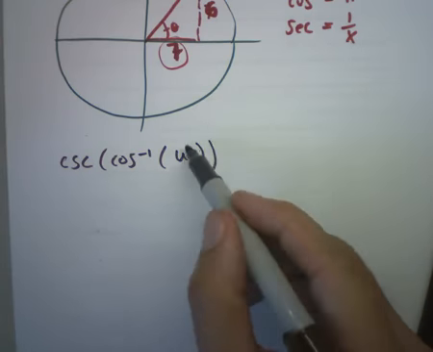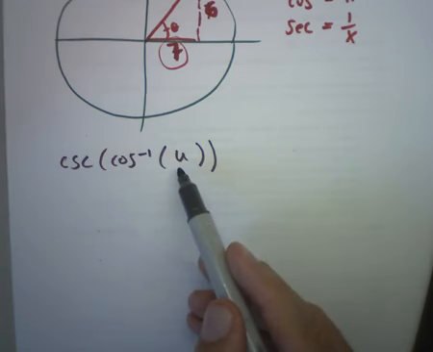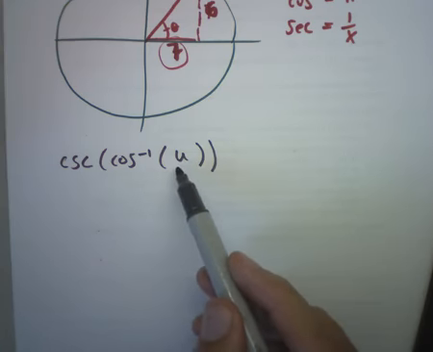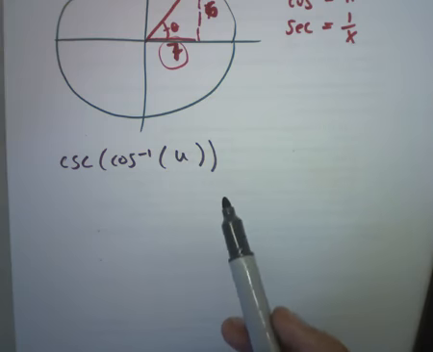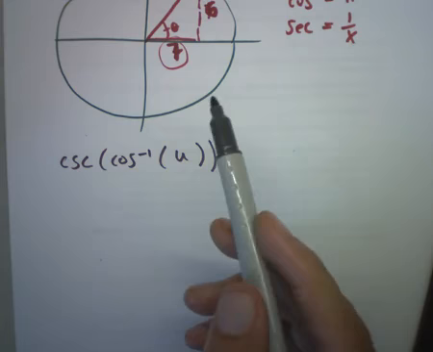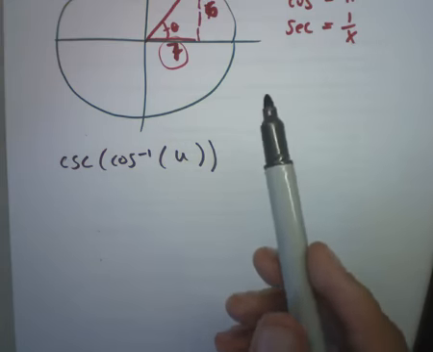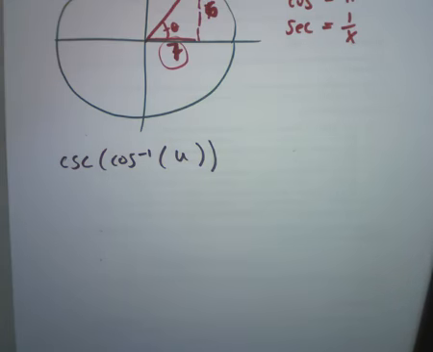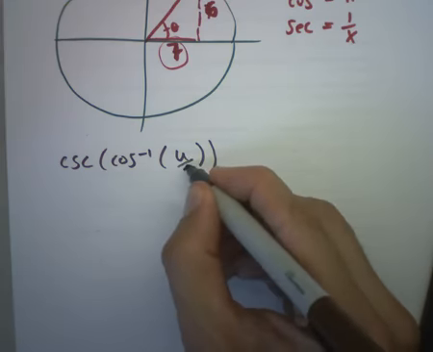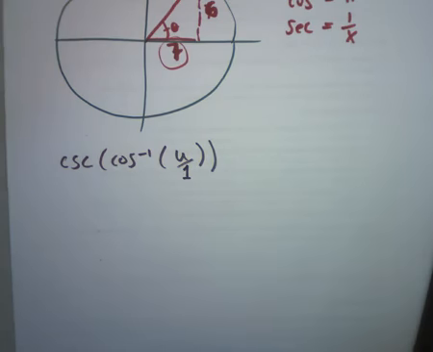So rather than a specific number, they're giving us a general number, which means our answer is going to have some u's in it as well. It's going to be an answer in terms of u. And we're going to pull the same trick in the sense that I'm going to draw a unit circle or a non-unit circle. To do that, I need to look at u as a fraction, so I will look at u as being u over 1.